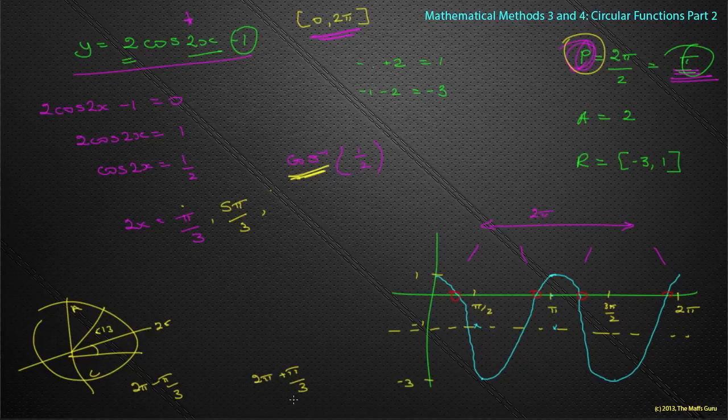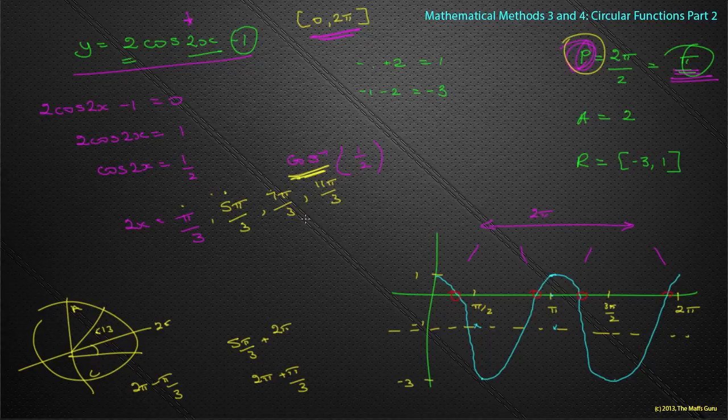And what does that give me? 7 pi on 3. And now add 2 pi onto 5 pi on 3. So I'm going to do 5 pi on 3, add 2 pi. And what do I get? I get 11 pi on 3.